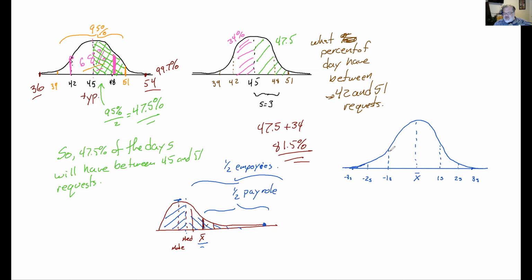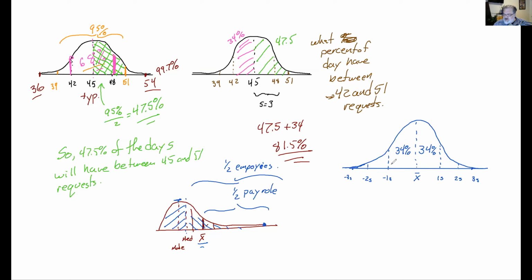And instead of looking at the 68 and the 95 and so forth, what they'll do is break up each of these sections, so essentially 1, 2, 3, 4, 5, 6 sections, and break each of those into pieces. So up here, that 34%, each of these sections is 34% of your data.